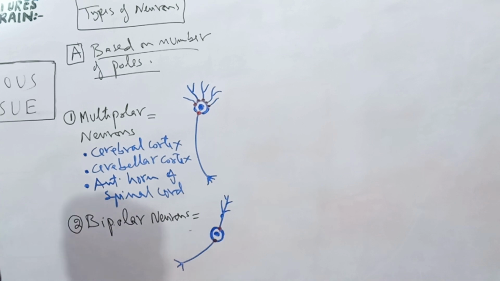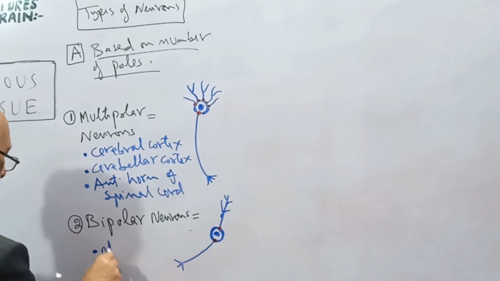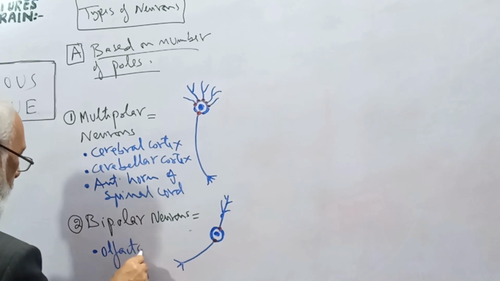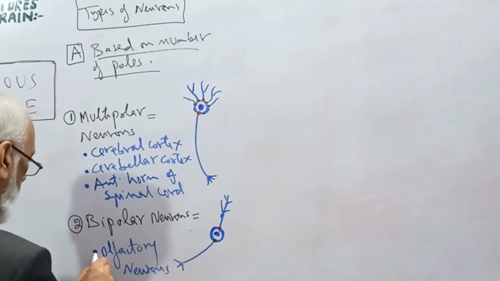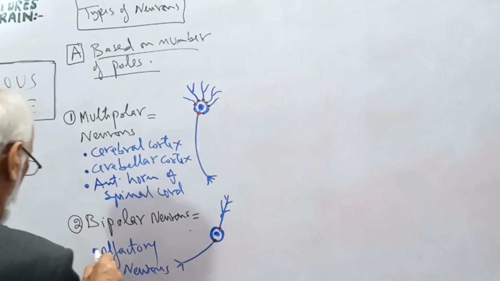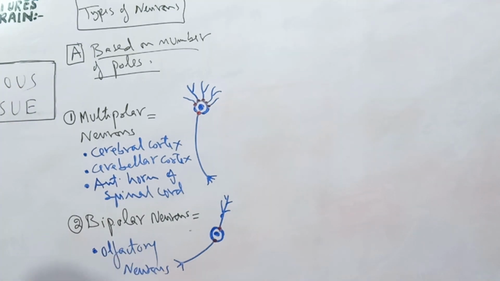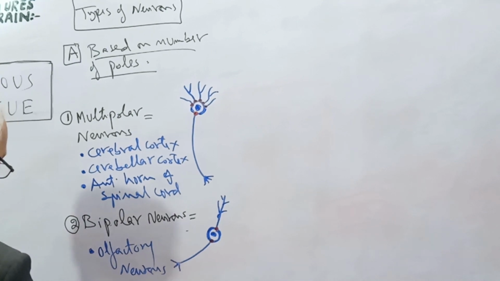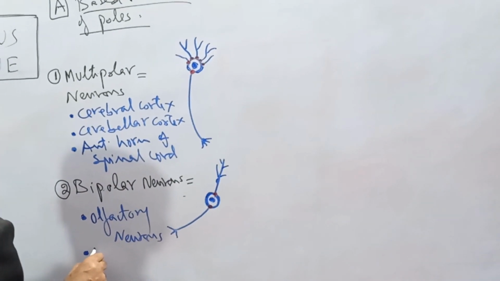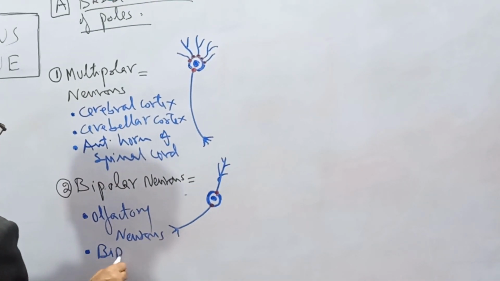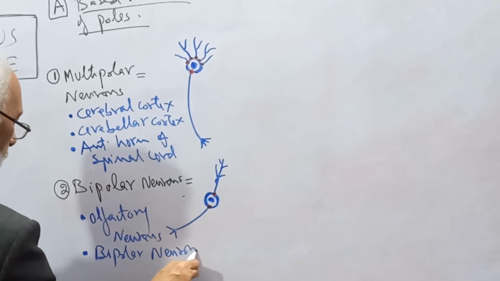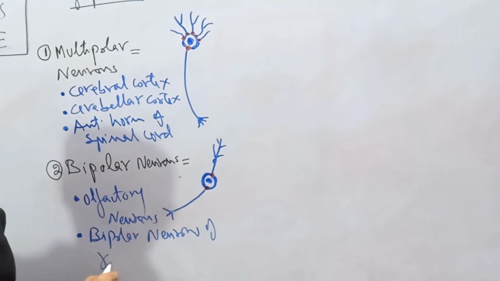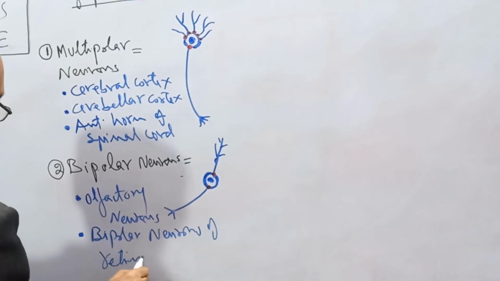For example, olfactory neurons, neurons of the cortex of olfactory, and the bipolar neurons of the retina of the eyeball.